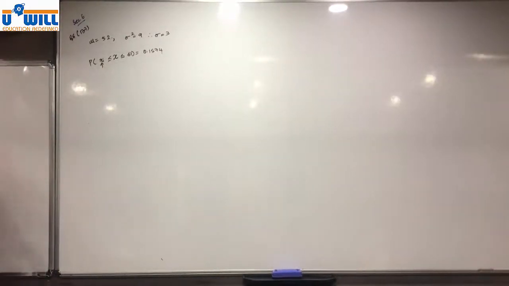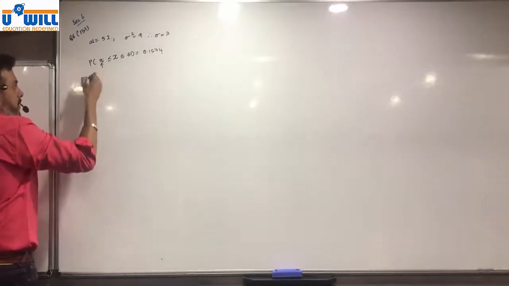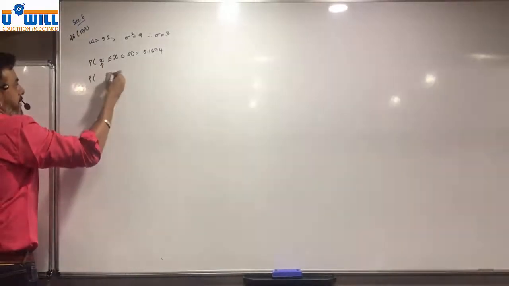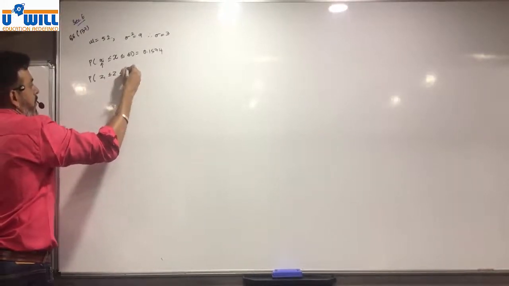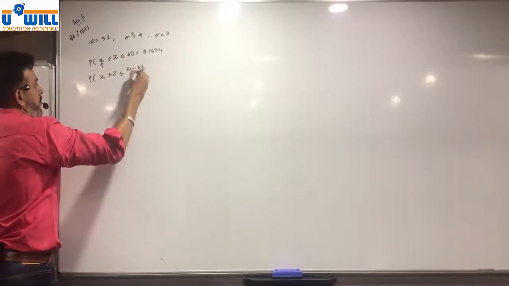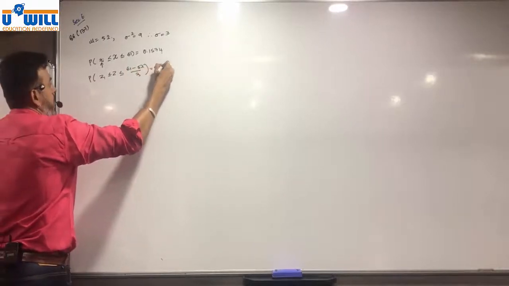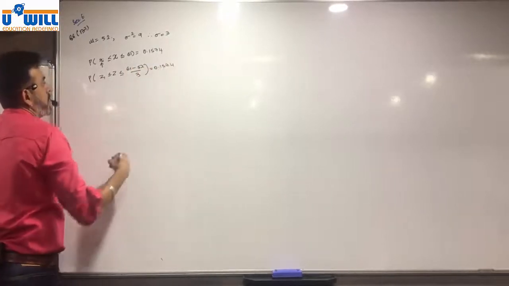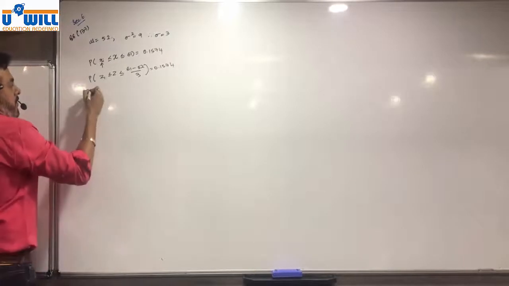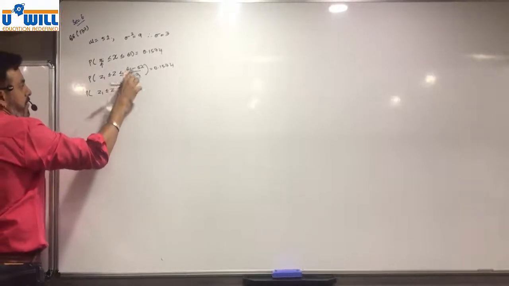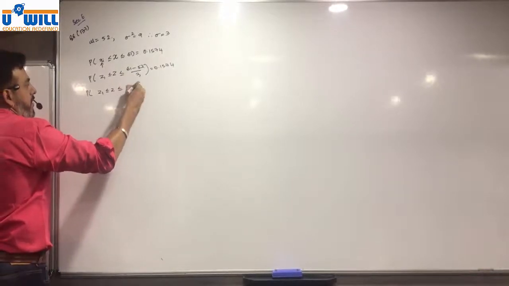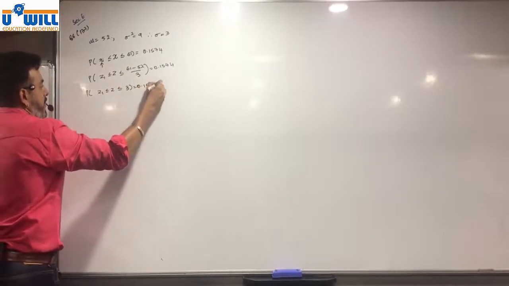So for that we convert x into z. Probability of z greater than equal to z1, less than equal to 61 minus 52 upon 3, is 0.1574. So probability of z greater than equal to z1, less than equal to how much? 3 is equal to 0.1574.